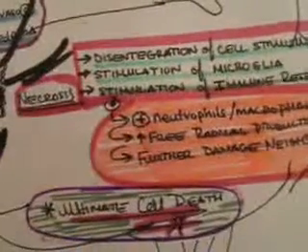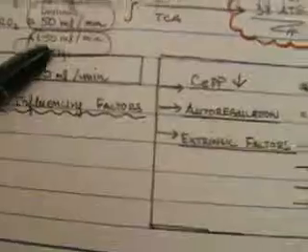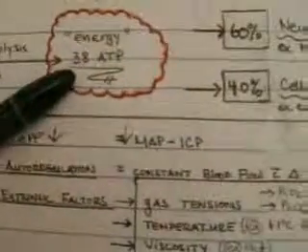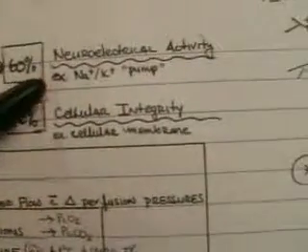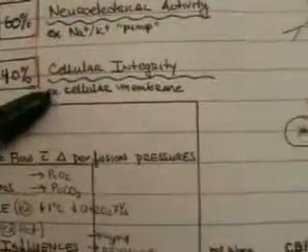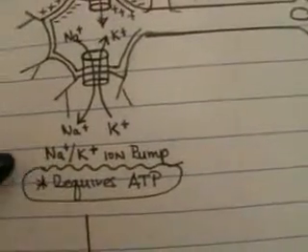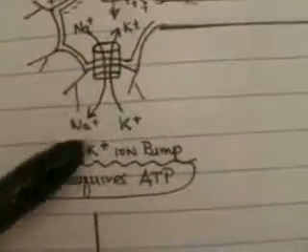So this is the process that we mentioned before, that as the cerebral blood flow declines, no longer meets the oxygen demand, you're no longer going to produce the ATP that's required to maintain the cellular neuroelectrical activity and to maintain the cellular integrity. The sodium-potassium ion pumps no longer work efficiently because of the lack of ATP.